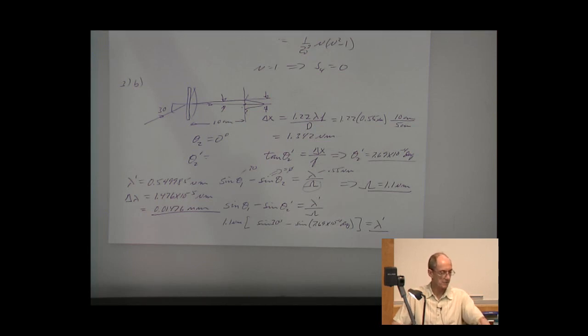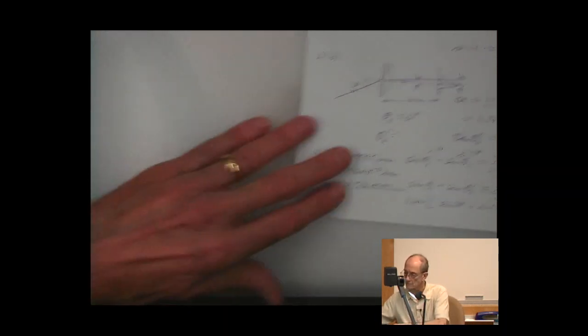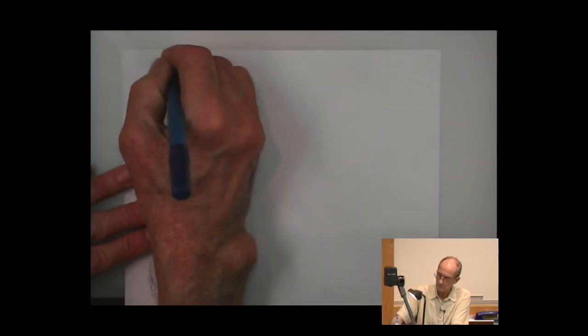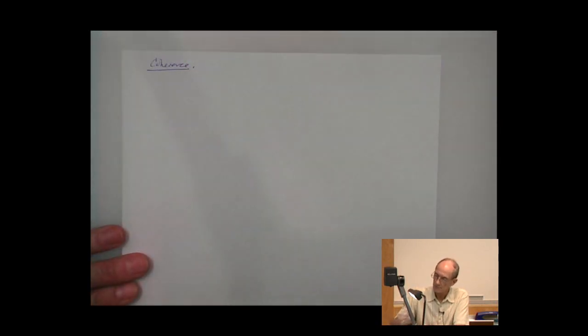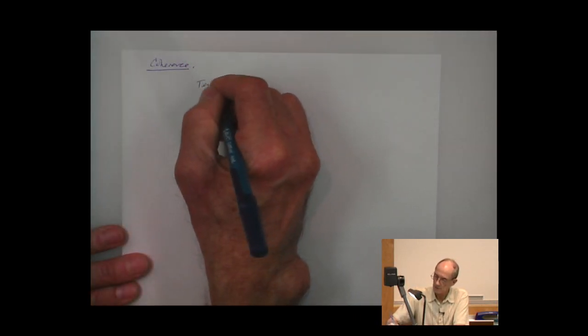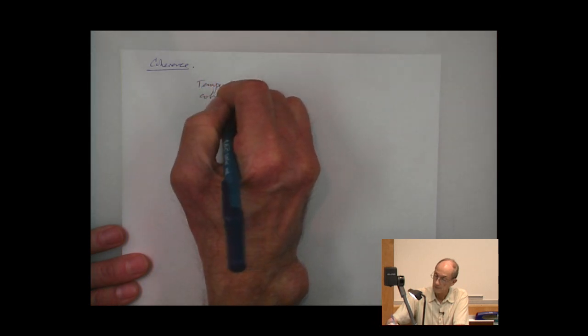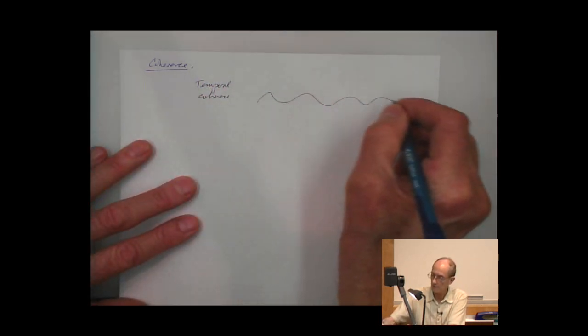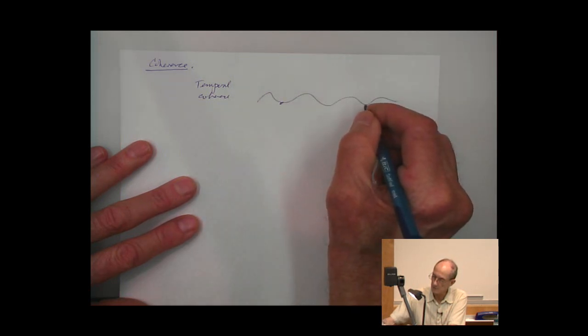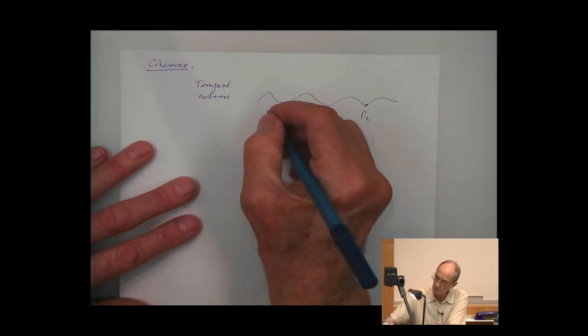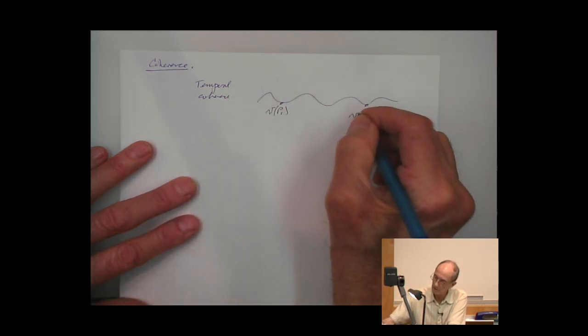All right. Well, we have some time left, so let's get back to where we were and refresh our minds. We were talking about coherence, and we have temporal coherence, for which we have a wave, and we sample the wave at two different points, P1 and P2, and measure the field there, VP1 and VP2.